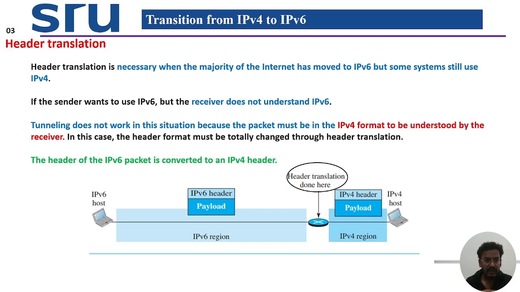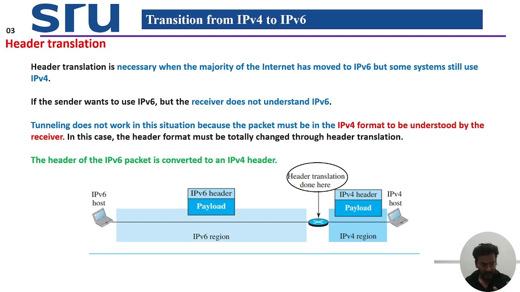Tunneling does not work in this situation because the packet must be in the IPv4 format to be understood by the receiver. In these cases, the header format must be totally changed through header translation.